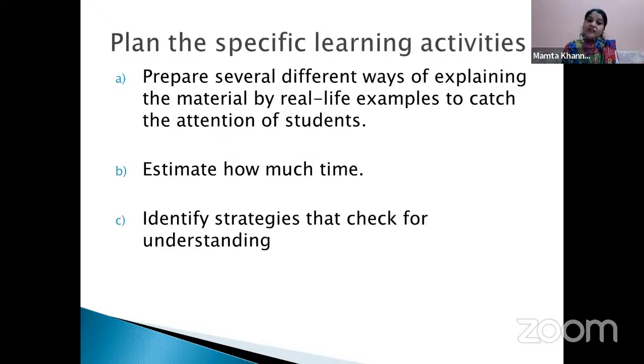Now what are those different sections? Introduction, and you must have planned some activities for them, like group activities or individual activities. So estimate how much time you have in your hand. Identify strategies that check for understanding. During that period, as I said, you need to identify how much they have understood.